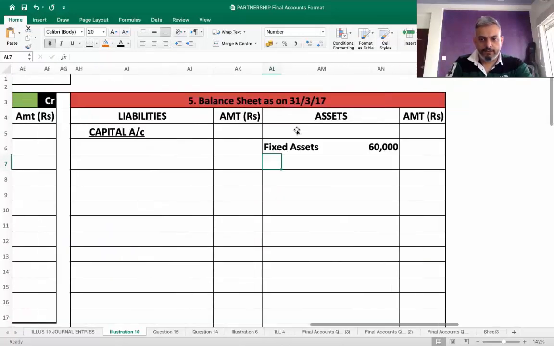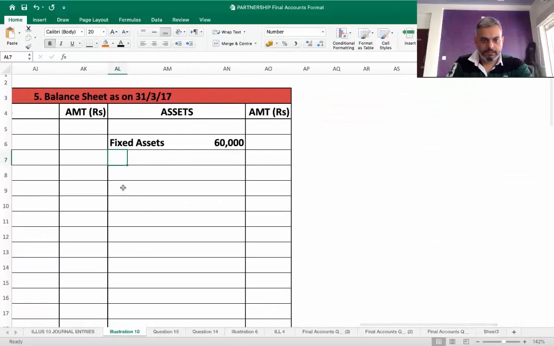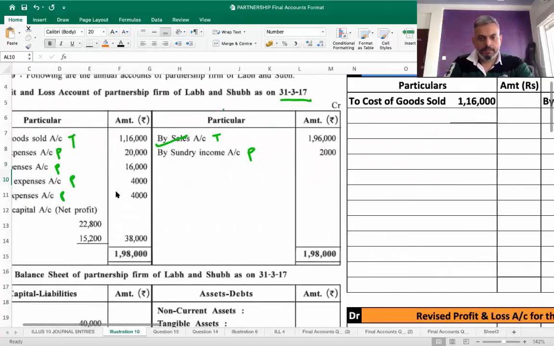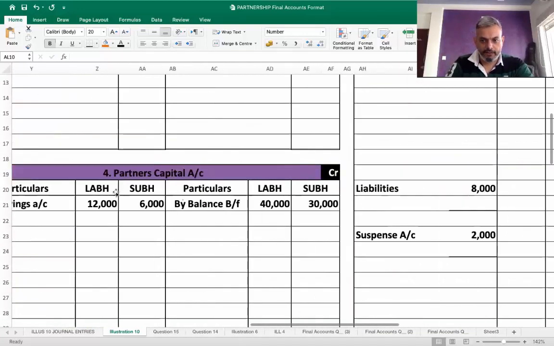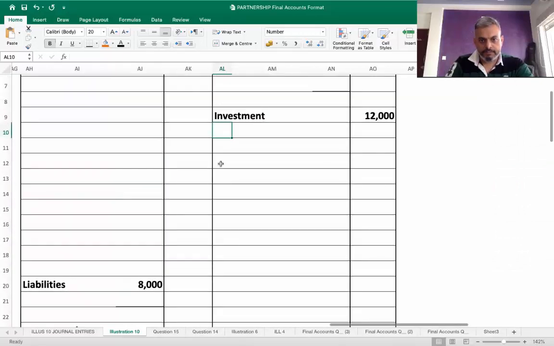Investment 12,000. Current asset with debtors 28,000.